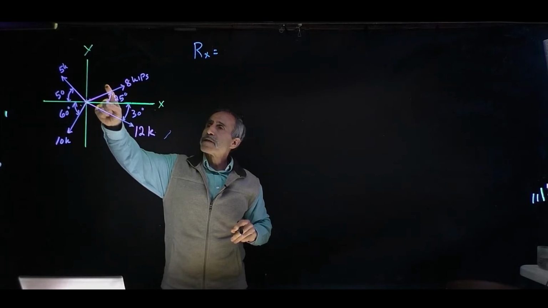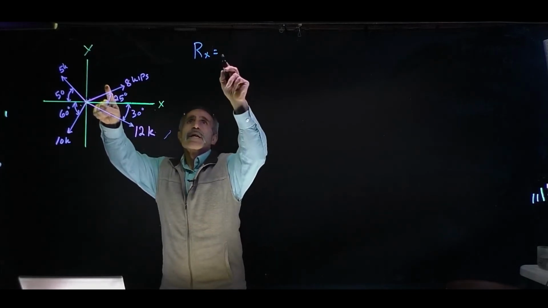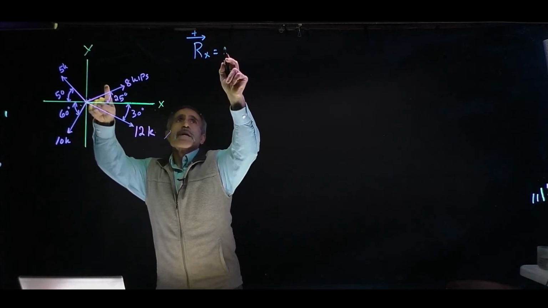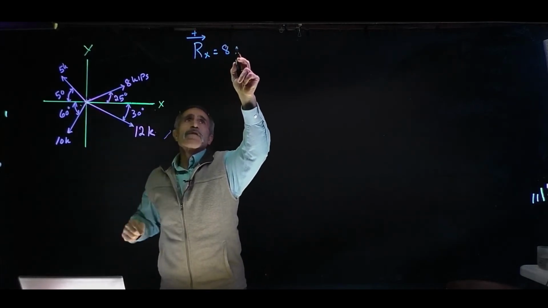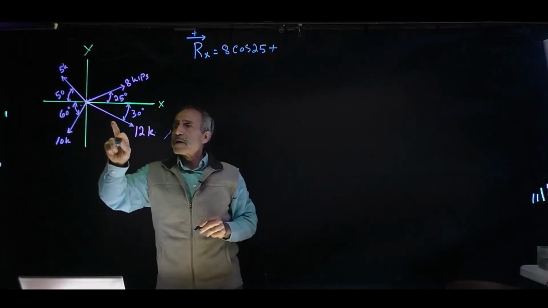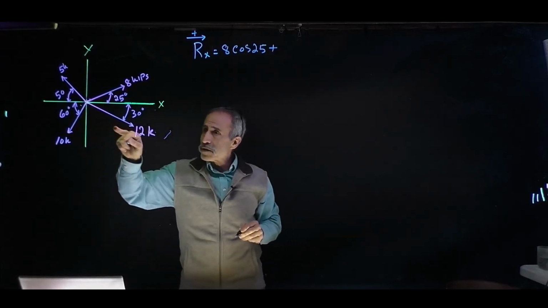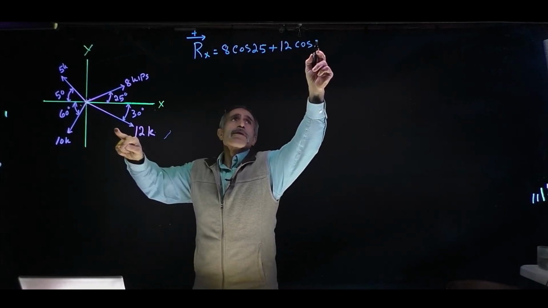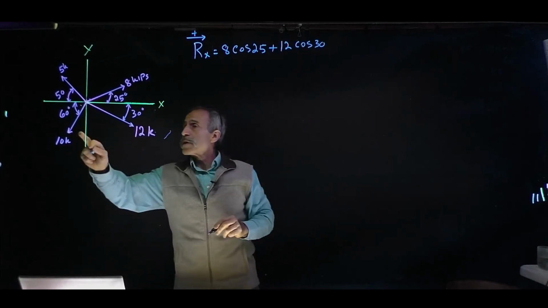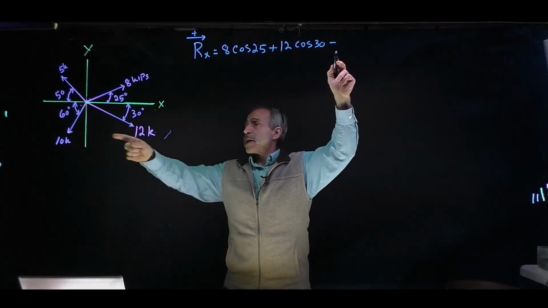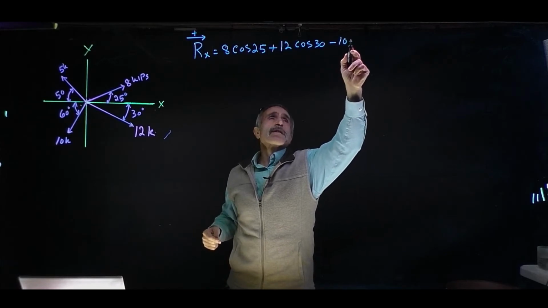The x component of the 8 kip is, of course, going right is positive, so it's 8 times cosine 25. The next one, again going to the right is positive, plus 12 times cosine 30. The next one is going to the left, which is negative, so minus 10 times cosine 60.